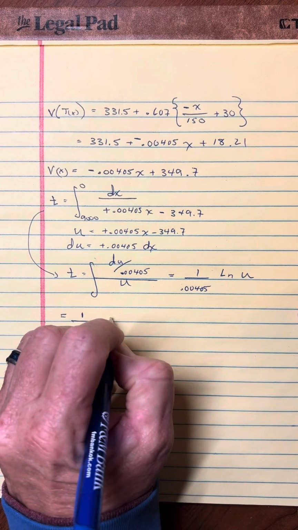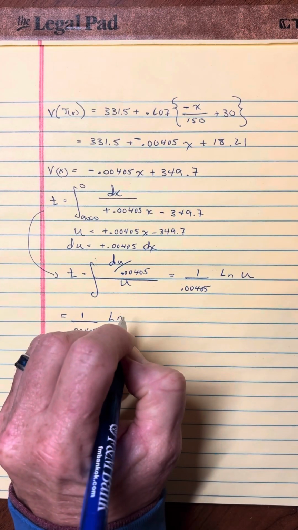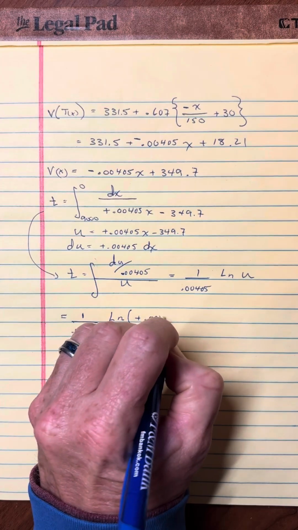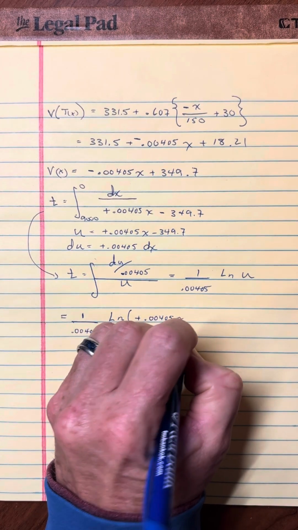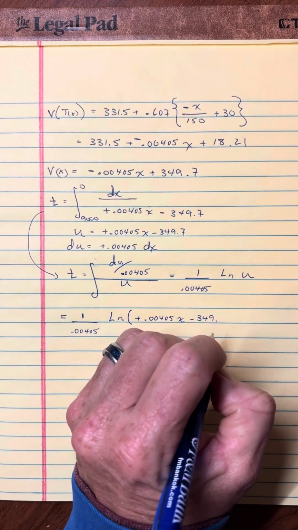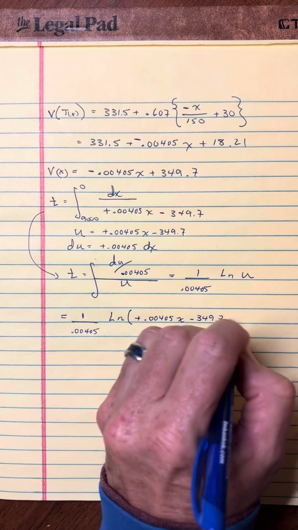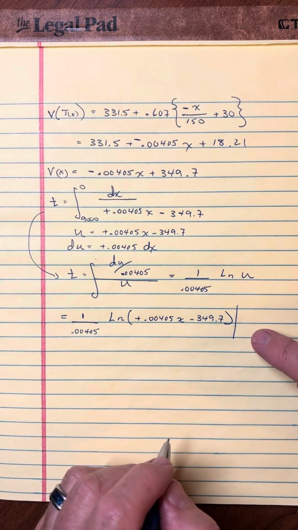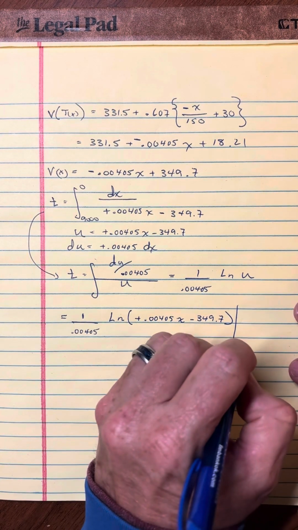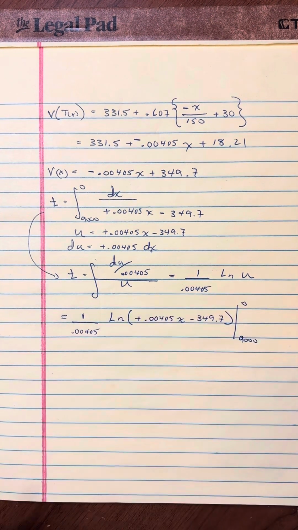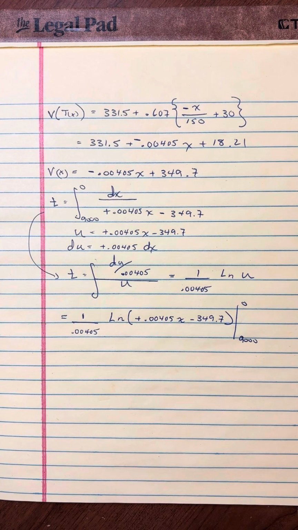So this would be the natural log of plus 0.00405x minus 349.7, then evaluated from 9,000 to 0.